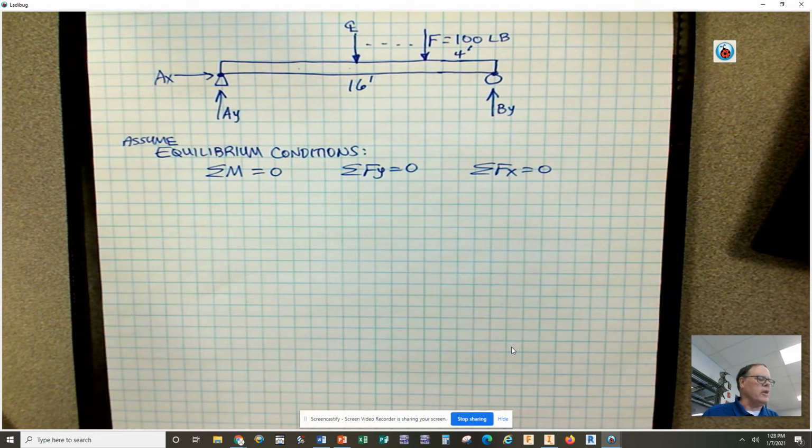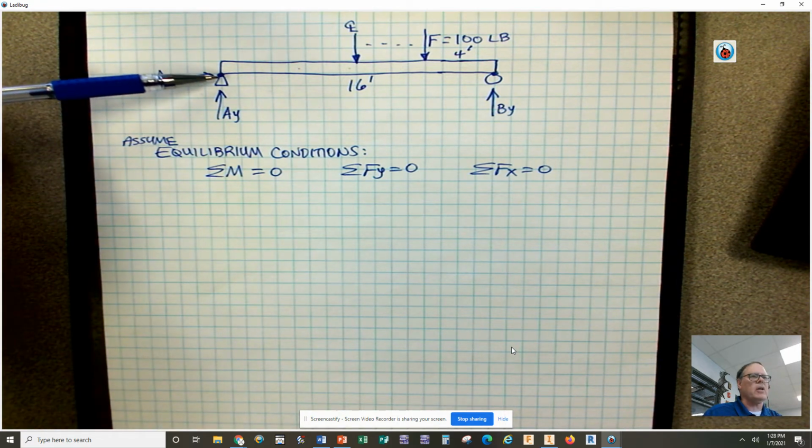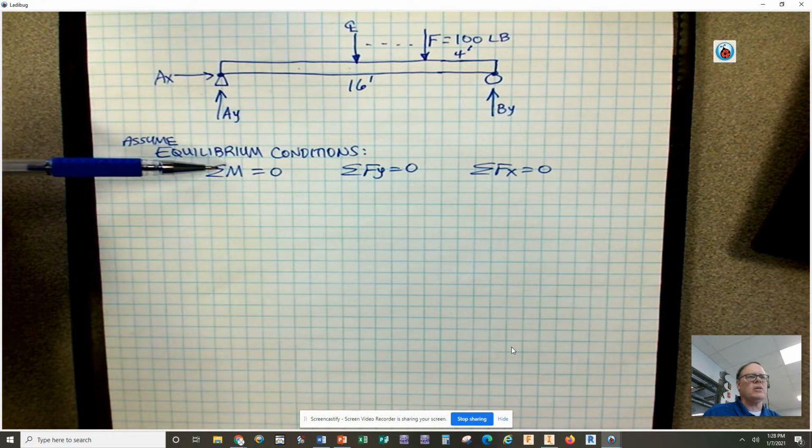So this is a three-step process. We first of all start at the pivot point over here at point A, and we sum up the moments, which have to equal zero.